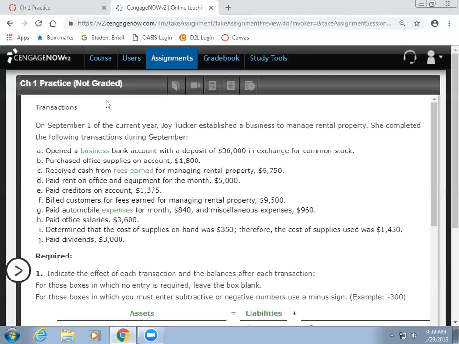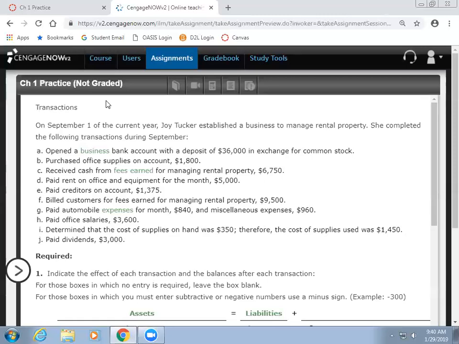What decreases equity? Dividends, perfect. Expenses, perfect. Dividends and expenses both decrease stockholders' equity. Okay, so there's some basic account information.